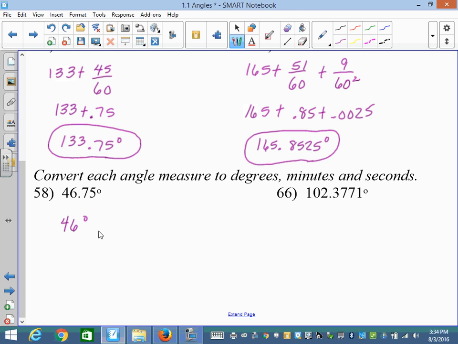So what we really need to do here at this point is, for that 0.75, this time we are going to multiply by 60. And 0.75 times 60 is going to give us 45.